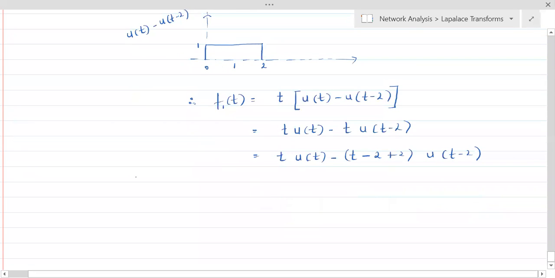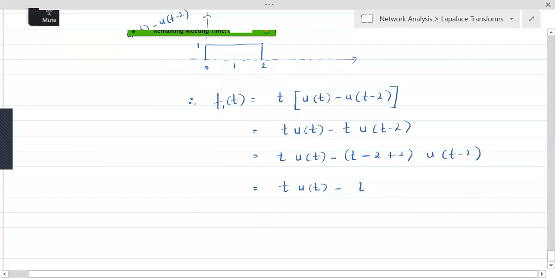Expand this, that is t u of t minus t minus 2 times u of t minus 2, and then it's again minus, because minus is here, minus 2 u of t minus 2.